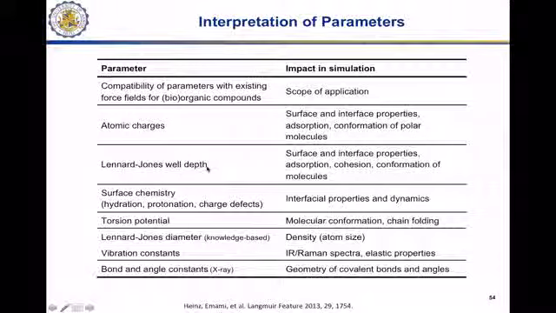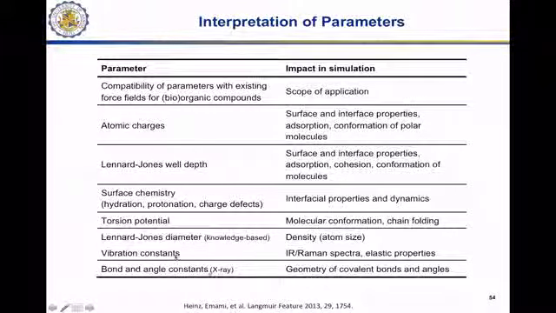Similarly, the van der Waals or Lennard-Jones type parameters. And surface chemistry is important. As mentioned, the hydration state or protonation state and charge defects need to be assigned in agreement with what we have in the laboratory. If we want to make materials improvements, we have to feed available knowledge into the models first and then run the simulations.